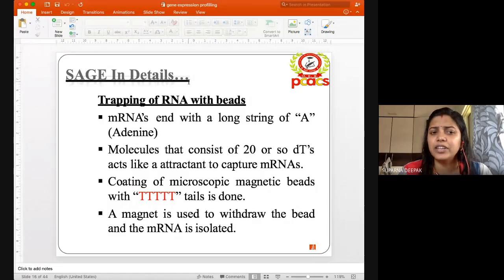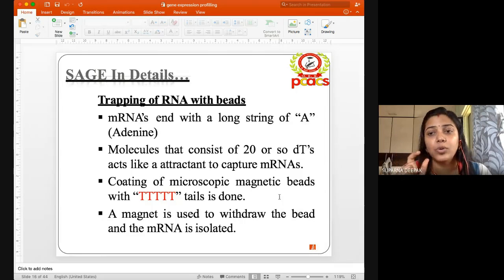First, as I told you, is the trapping of RNA with the beads. mRNA ends with a long string of adenine, the poly A tail, as I've already told you. So oligo dT of 20 or so bases acts as an attractant to capture the mRNA. There are two ways.